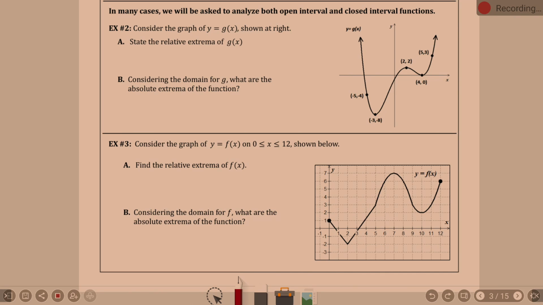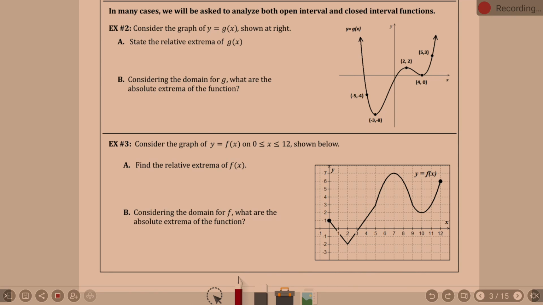Sorry, guys. Technically, depending on the definition, if we wanted to list all relatives here, we could include the absolutes. However, what is question B asking us? Question B is asking for the absolute. So let's just go with the relatives that are not absolute. Pay attention. 2, 2 is a relative max.